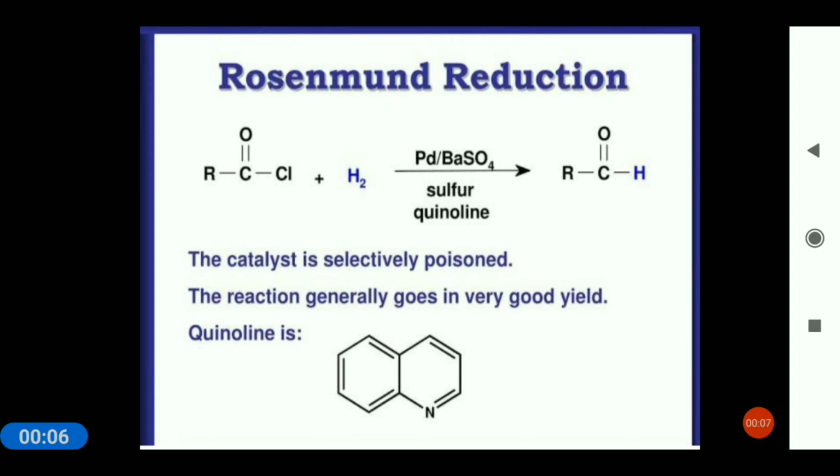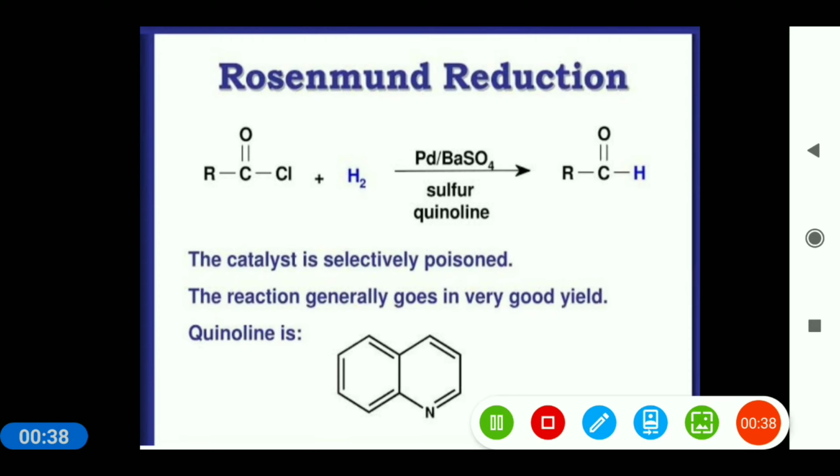In this, acid chlorides are easily reduced to the corresponding aldehydes by passing hydrogen gas through a boiling xylene solution in presence of palladium catalyst supported over barium sulfate and partially poisoned by the addition of sulfur or quinoline. This reaction is called Rosenmund reduction.